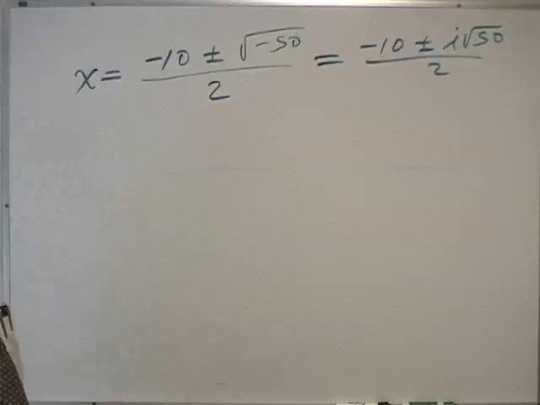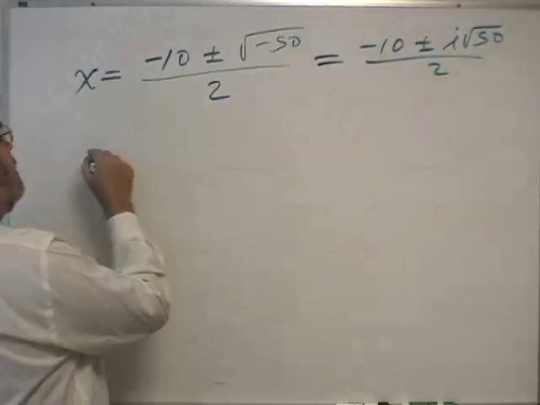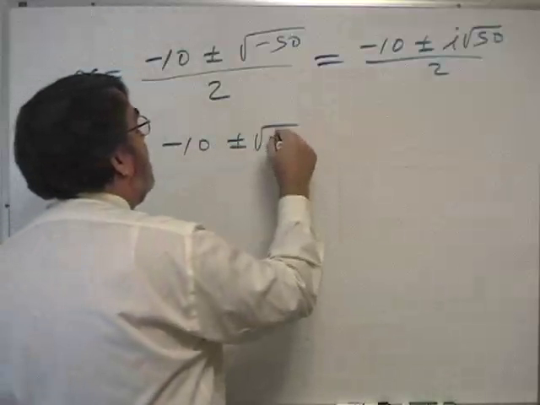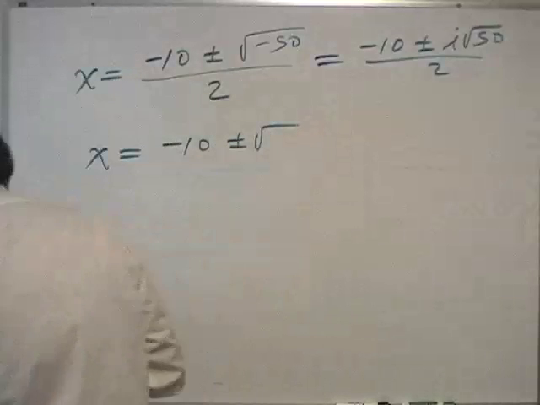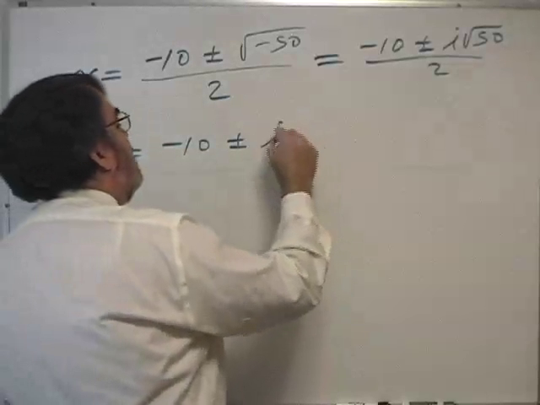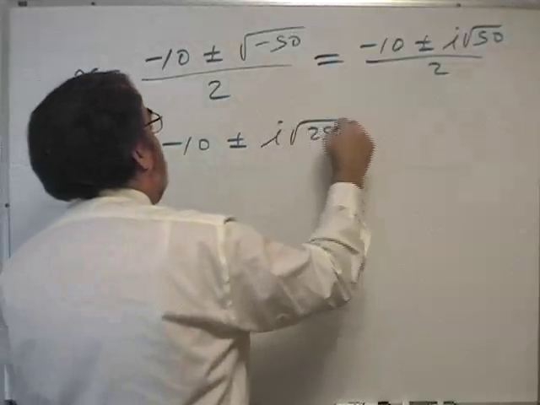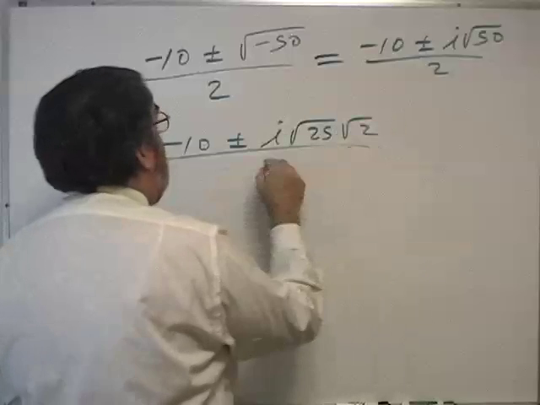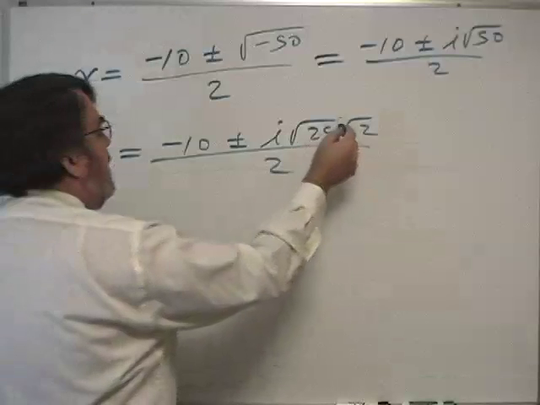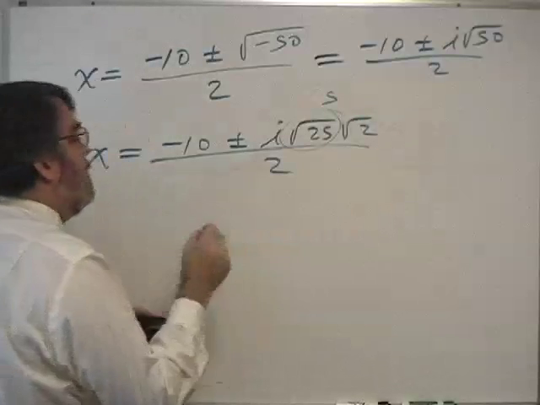Let's see about that square root of 50. The square root of 50 is the square root of 25, and don't forget the i, like I started to. So it's i times the square root of 25 times the square root of 2. Everything is divided by 2. And so this becomes a 5.